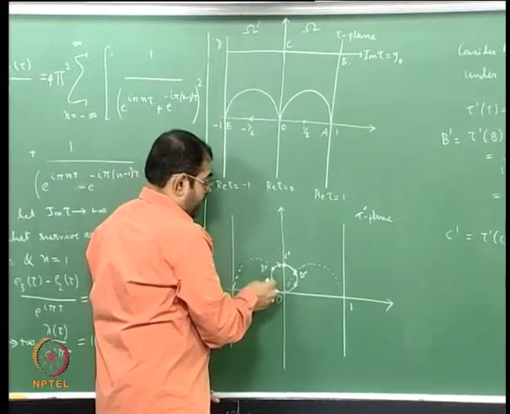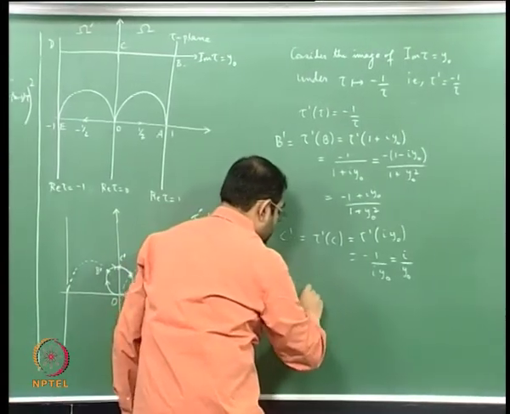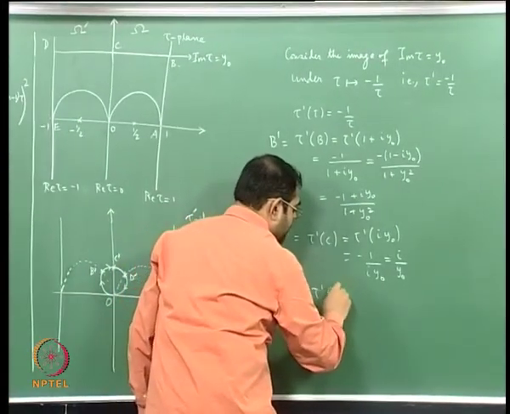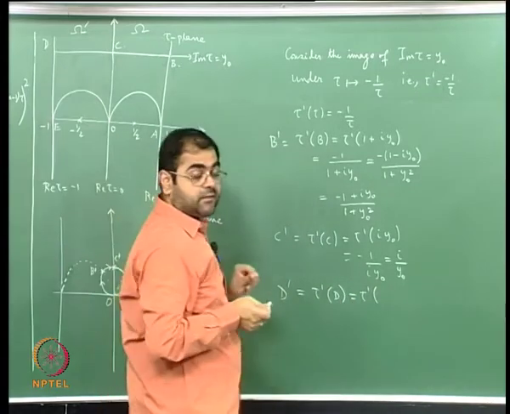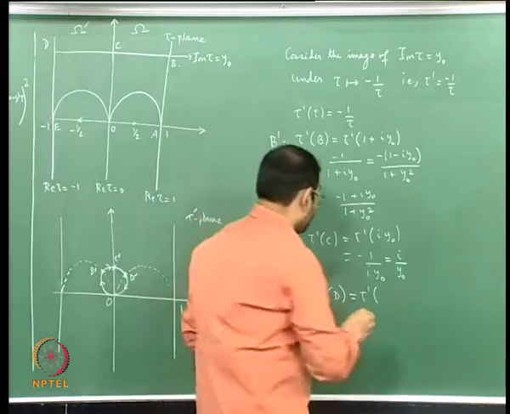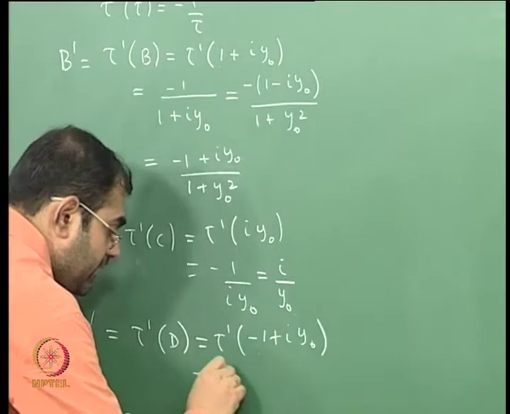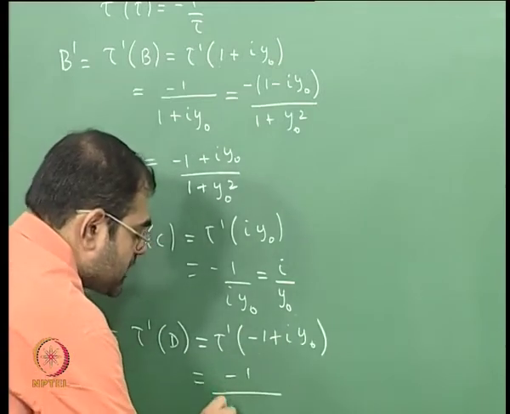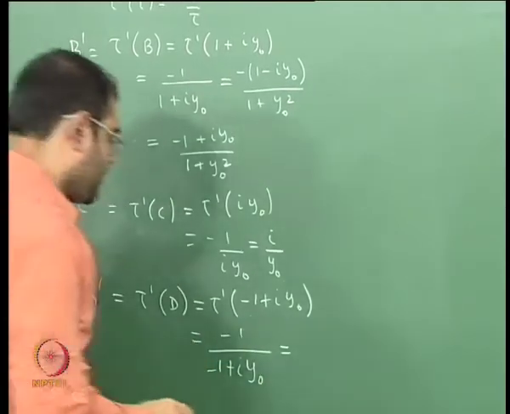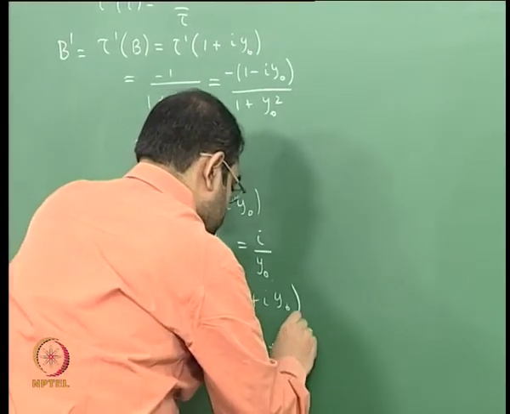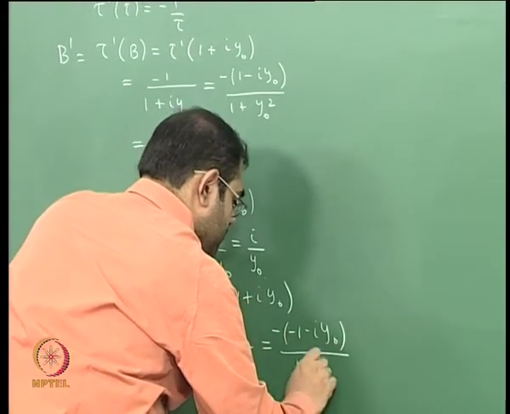And what will D prime be? D prime is the image of D, and what is D? D is -1 plus I y naught, so if I plug it in here I'll get -1 by -1 plus I y naught, and if I multiply and divide by the conjugate, I'm going to get minus of -1 minus I y naught by 1 plus y naught squared.